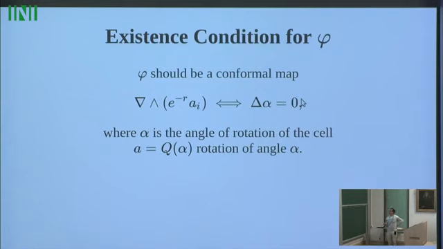So you get that this is a gradient, and so the rotational of this should be equal to 0. Sorry, I forgot. This is 0. Yeah. We should have this.